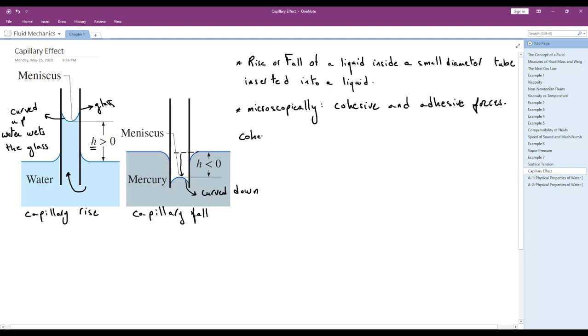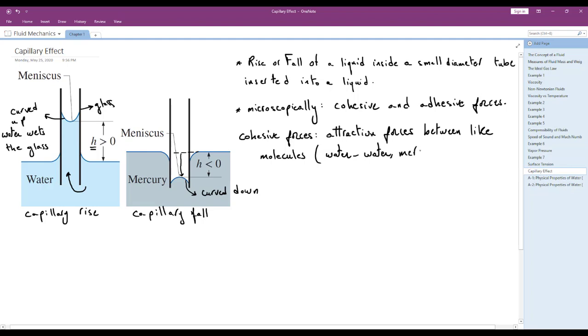Cohesive forces are just attraction forces between like molecules. For example, between water molecules and other water molecules, or between mercury molecules and other mercury molecules.